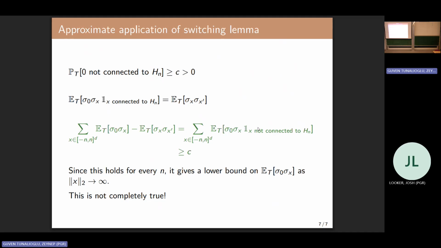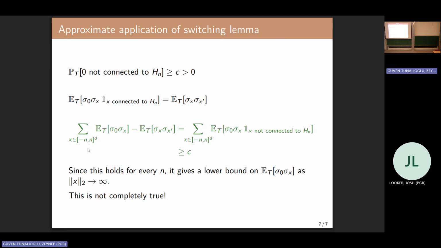We're just subtracting, from 1, the indicator that X is connected to HN. And because we have this bound on the probability of 0 not being connected to HN, this gives a bound on this expectation. Turns out we can also then sum over all sites in the box.